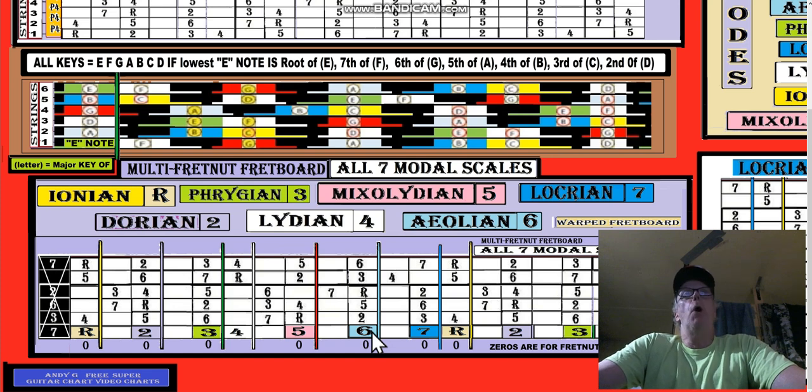But modes, when we talk about modes, we're talking about adding in the 4th and the 7th. Remember, we always talk about adding in the 4th and the 7th. That gives you the rest of the scale.